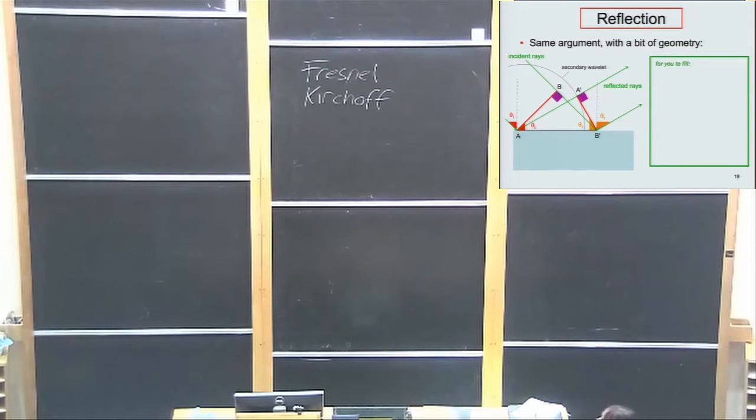Do stop me if this isn't clear, because this is a messy diagram. The wavefronts are being represented by the red lines. This is the incoming wavefront. And the green are the rays, so they're always perpendicular. The green is always perpendicular to the red.